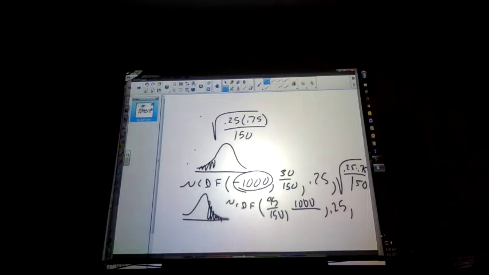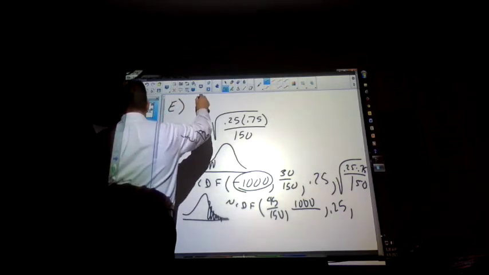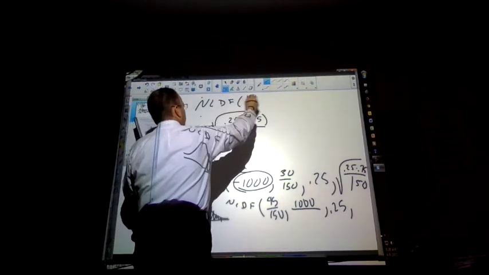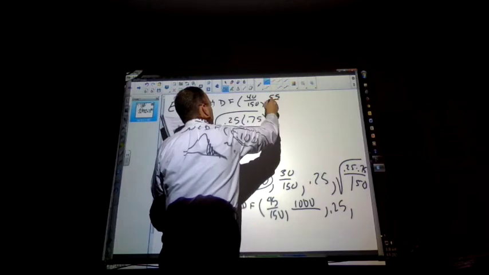But what about letter E? What's my lower bound on letter E? Yeah, normalcdf. My lower bound is 40 out of 150. My upper bound is 55 out of 150.